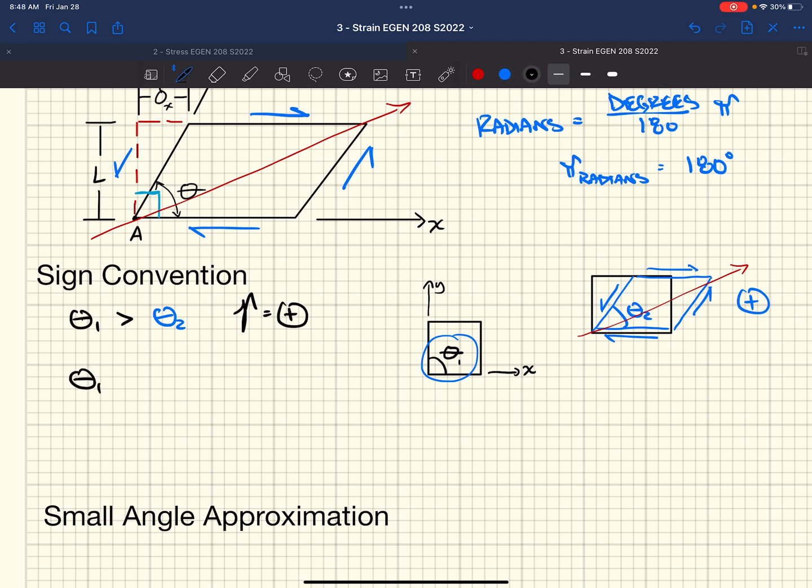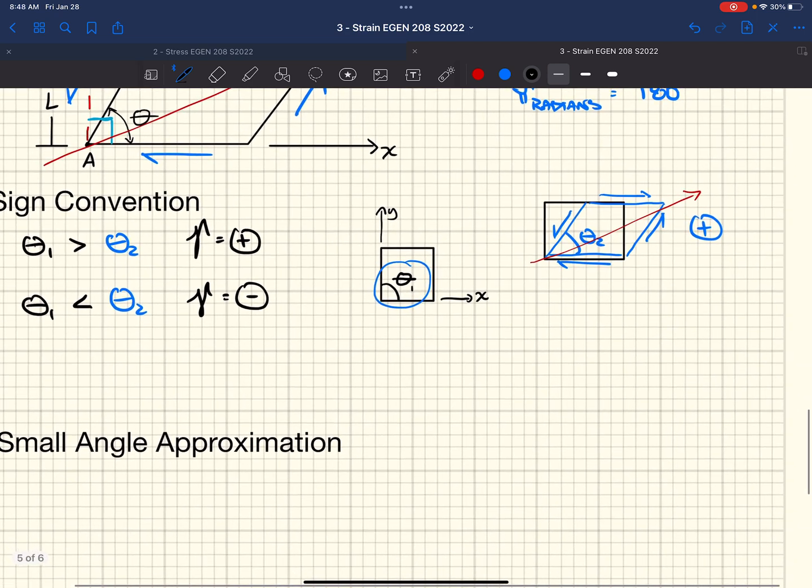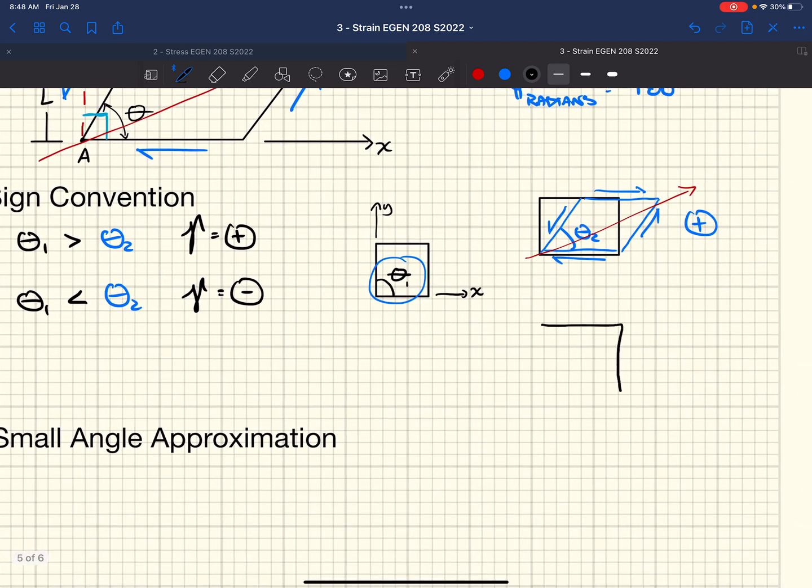If theta 1 is less than theta 2, then we get a negative shear strain. That would look something like this, up and to the left.